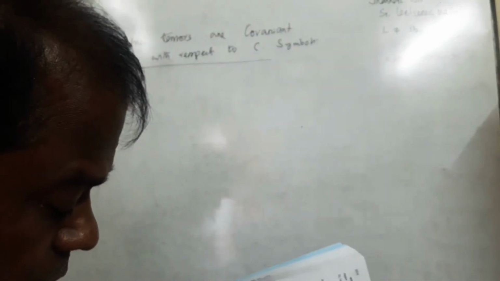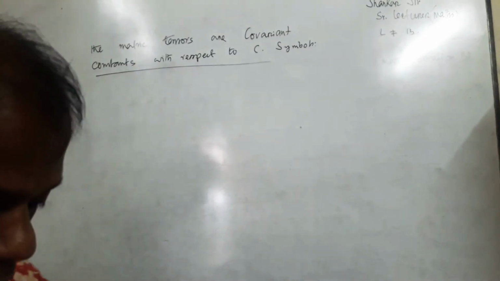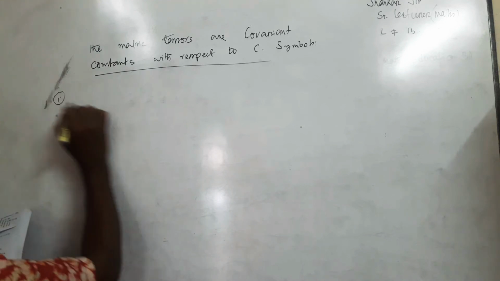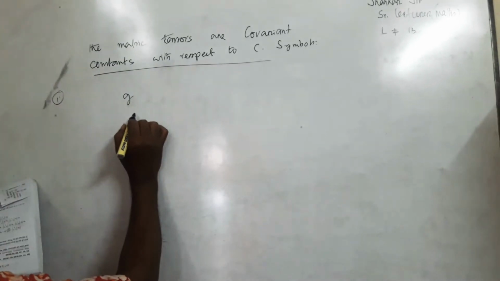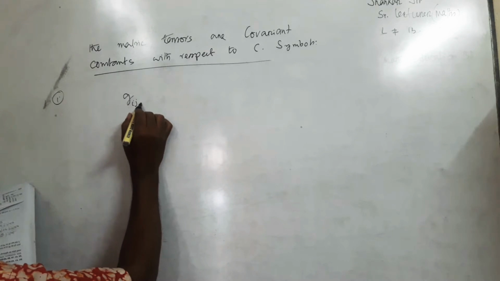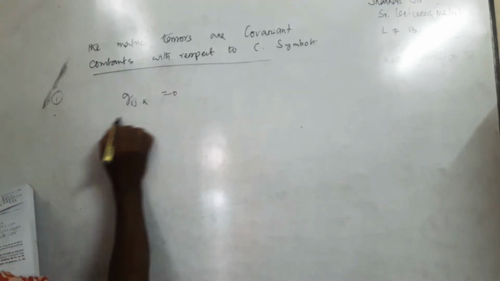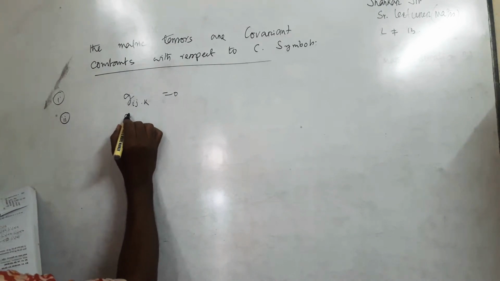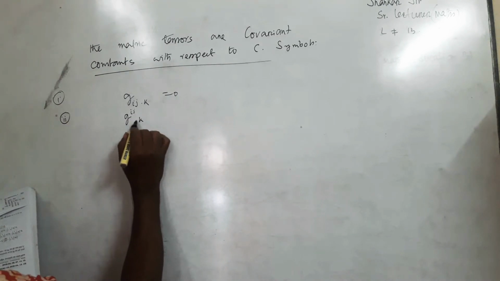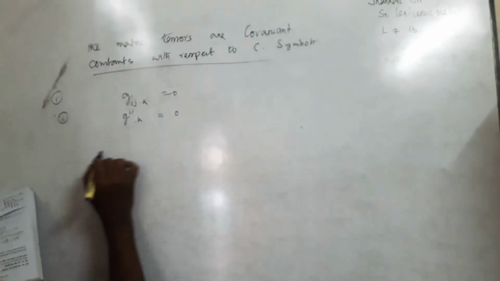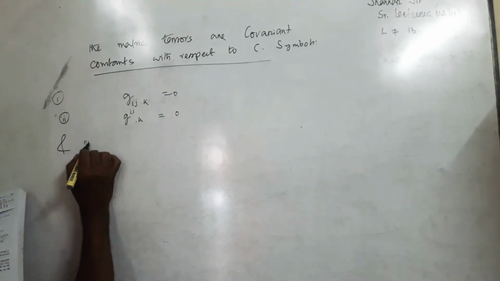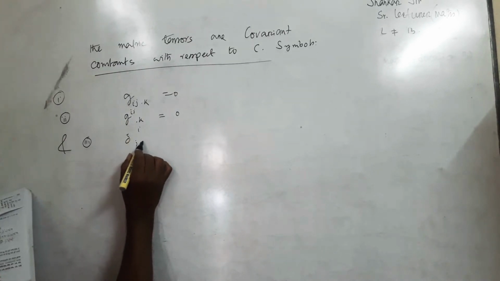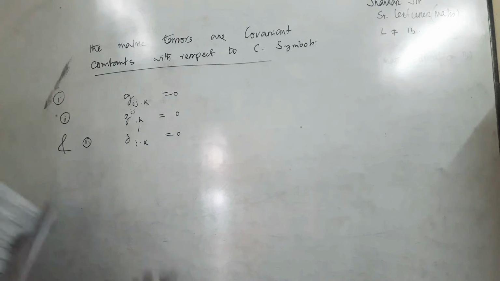I think that you find this easy. Right now, firstly show that g_ij,k equals 0. Secondly, g^ij,k equals 0. And thirdly, delta^i_j,k equals 0.